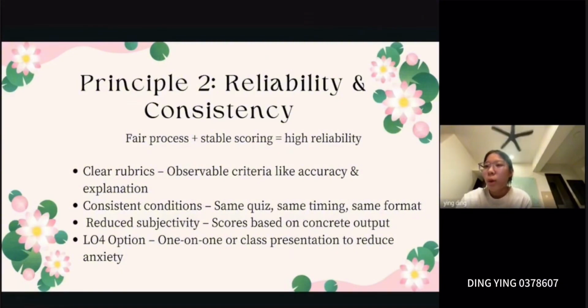In LO4, we evaluate clarity of explanation, not performance confidence. All students follow the same conditions: identical quiz, map structure, and time limit. To reduce subjectivity, scoring focuses on observable outcomes like device use and explanation quality.